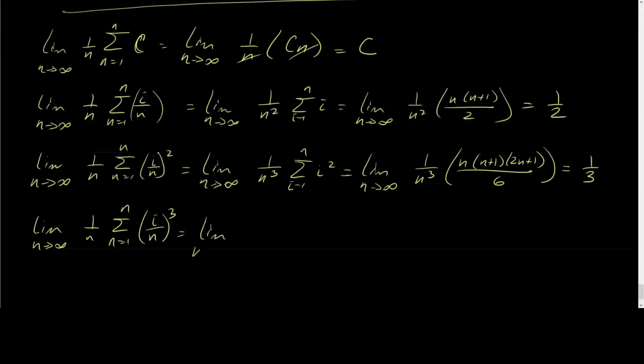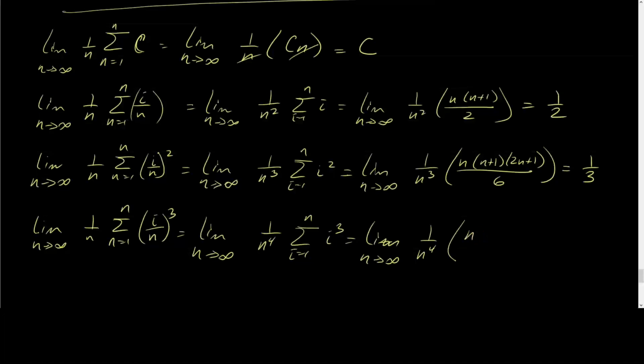And in here, the limit as n goes to infinity of 1 over, well, let's see, i cubed over n cubed. This n cubed can be taken out to the outside, so I have 1 over n to the 4th times the summation from i equals 1 to n of i cubed, which gives me the limit as n goes to infinity of 1 over n to the 4th times the summation of i cubed.